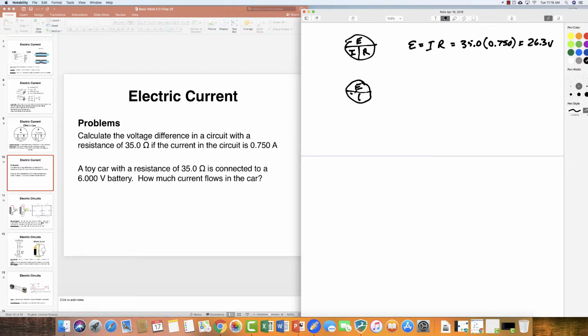E, I, R. Now in this case we want to know I. So I is equal to E over R. So we have 35 ohms in the denominator, and a 6-volt battery in the numerator. And so 6 divided by 35 is going to equal 0.171 amps to 3 significant figures.